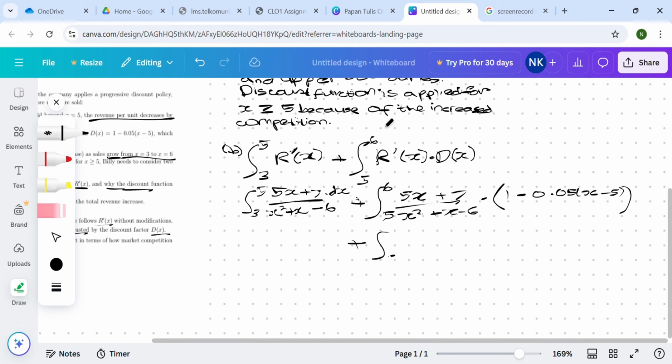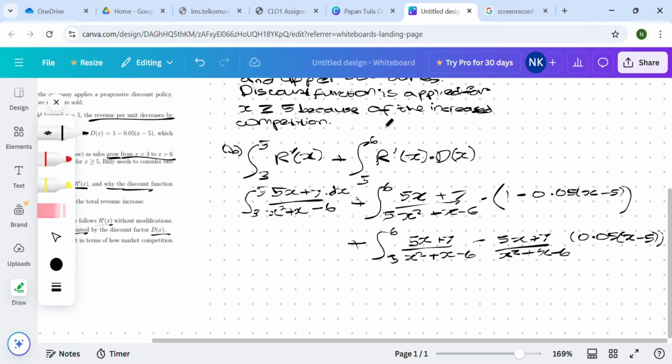So that means (5x + 7)/(x² + x - 6) minus (5x + 7)/(x² + x - 6) times 0.05(x - 5).